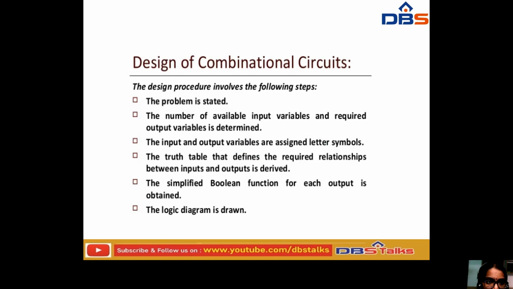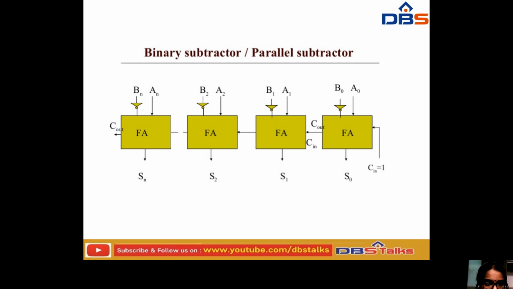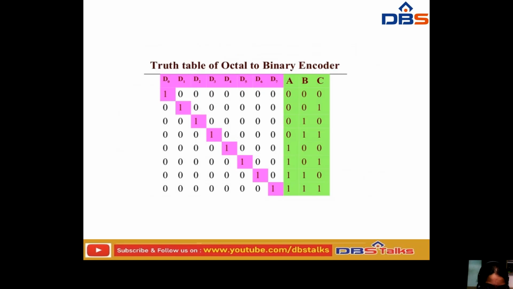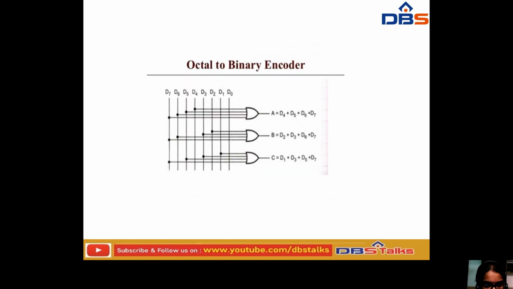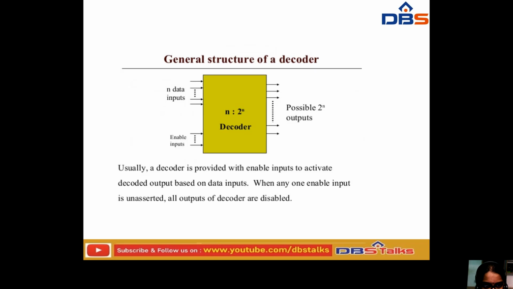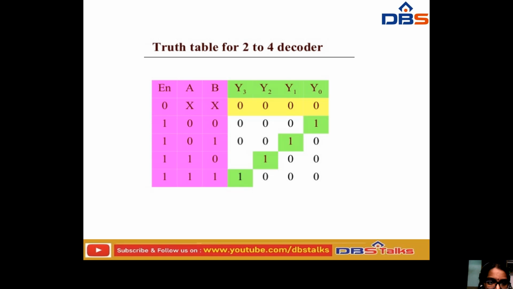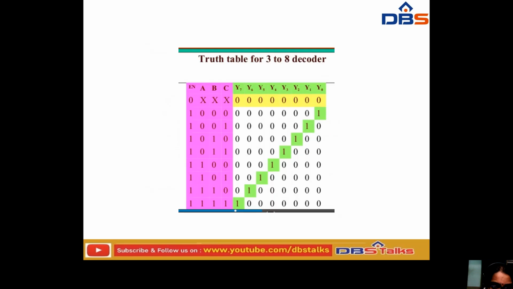The design procedure involves, what does the design procedure involve here? The binary adder or the binary subtractor, encoder, general structure, and the binary decoder, and the truth table for that.